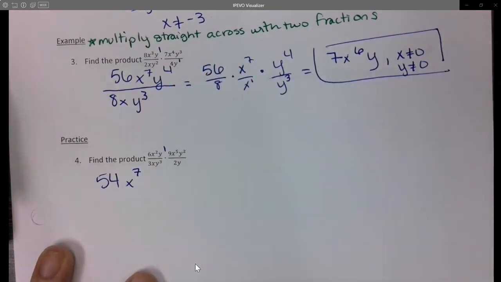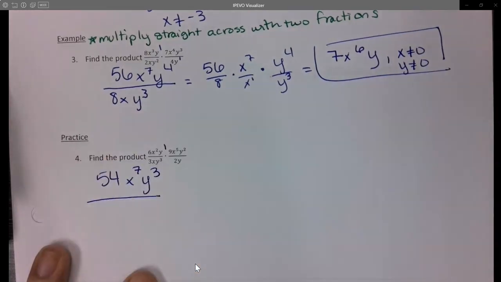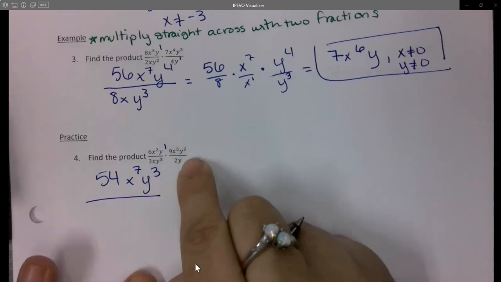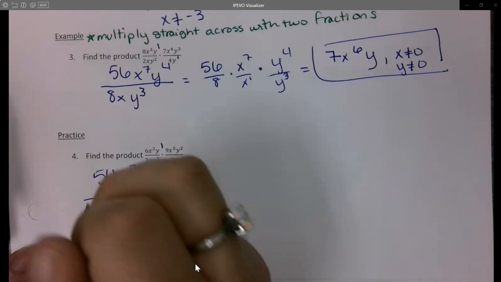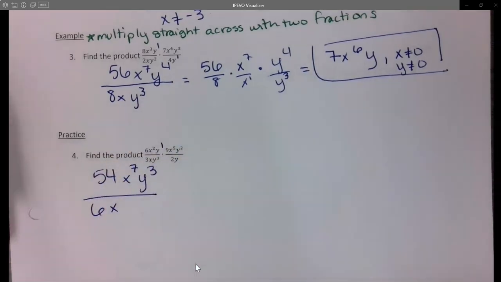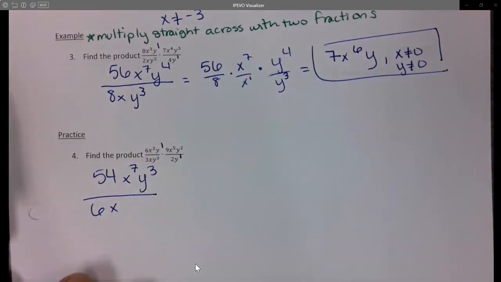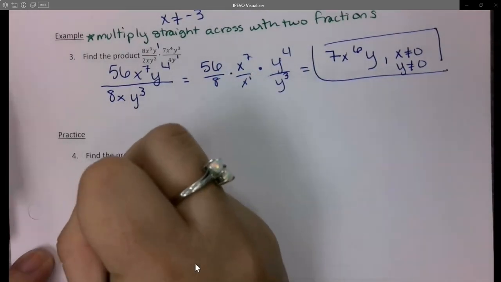This one has a secret exponent of 1. 1 plus 2 is. On the bottom, what do I get? So I have 3 times 2 is. And then x has nothing to go with. And then I have y cubed and y, so y to the 4.